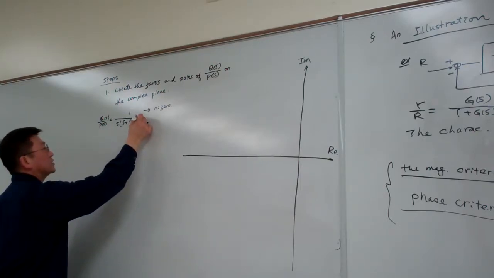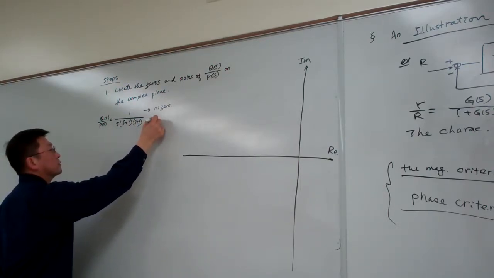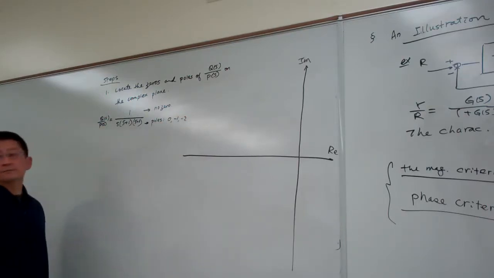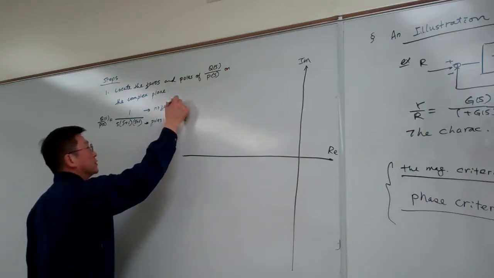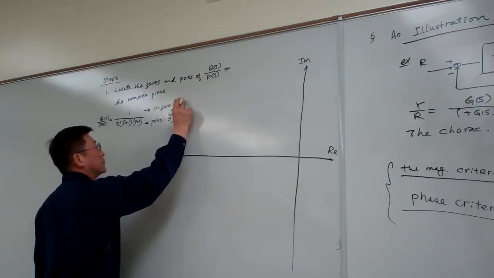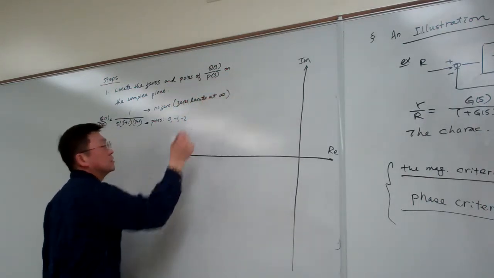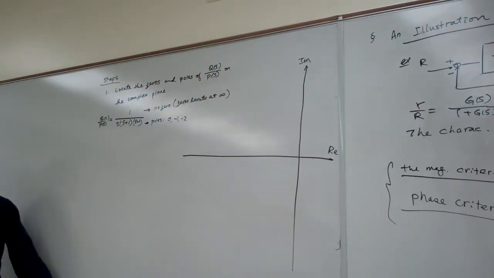Okay, for this case, here we have the poles at 0, -1, -2, right? And actually, I would say no zeros. That means the zeros are located at infinity. So that is obtained from our intuitive exercise last time.